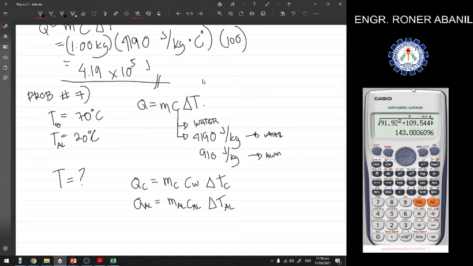So, we can set na yung Q ng coffee is equal to Q ng aluminum. Or mali, teka, mali yung analysis ko. Yung heat ng coffee plus heat ng aluminum, pwede nating equate sa 0, dahil equilibrium sila.